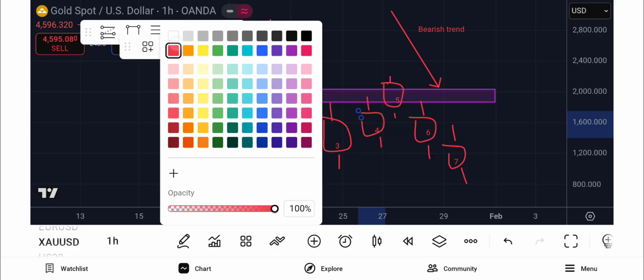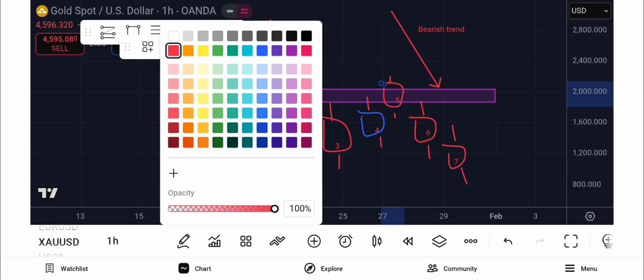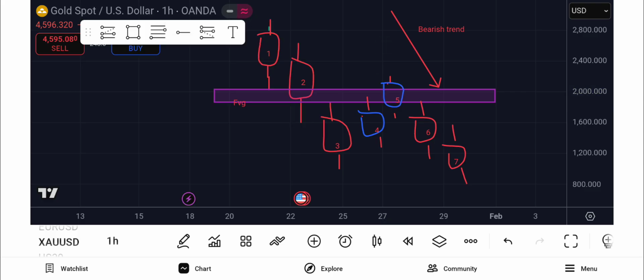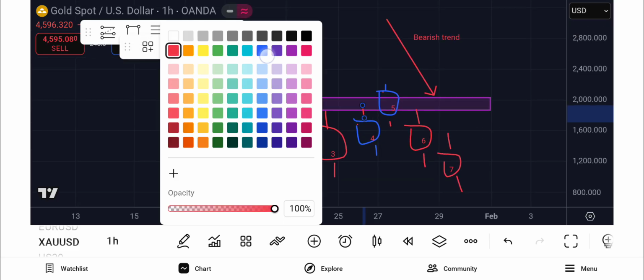I should probably change the color of that so you guys can see it better. Let's say bullish candles. You wait for them to come back into here. You would wait for price to come back into here.